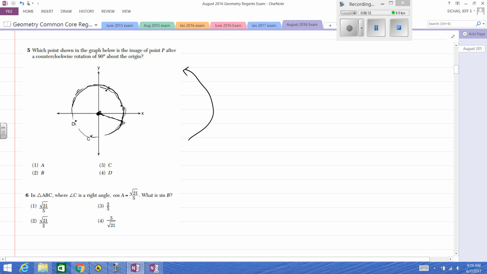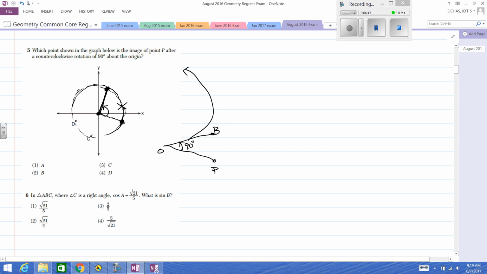Now, 90 degrees, this isn't going to quite cut it. If we go P to the origin to B, that angle's not going to be anywhere near a 90-degree angle. You want to make a 90-degree angle here. It looks like this was a reflection over the x-axis, so it's probably not B. I do like A. That looks like the same distance away, and it looks like 90 degrees in the correct direction.